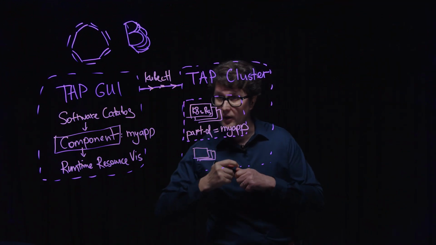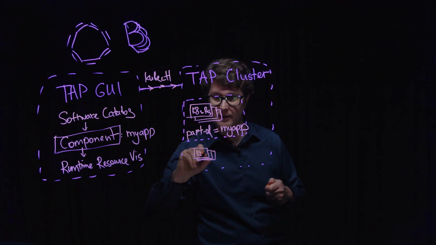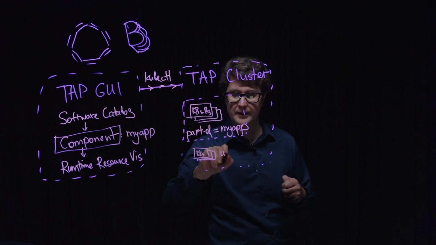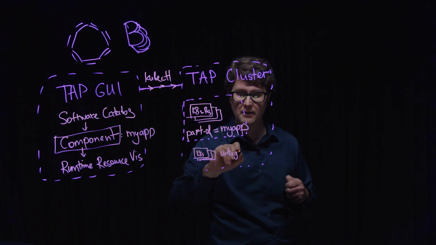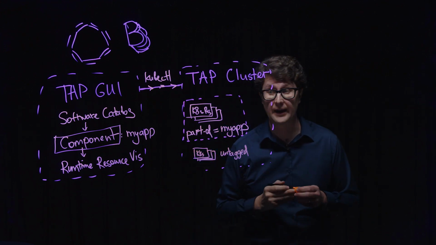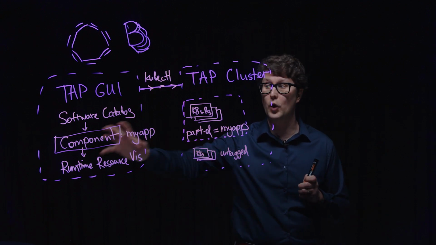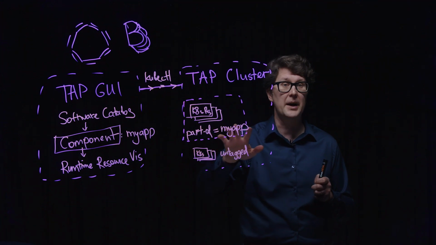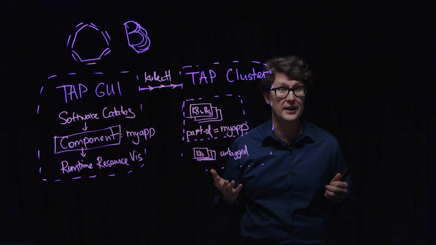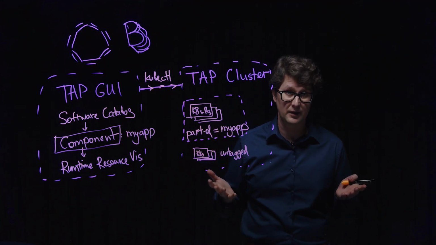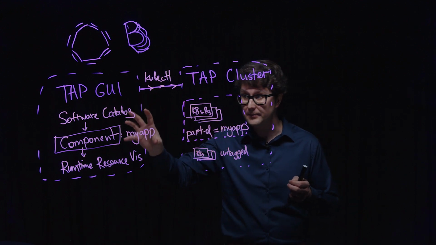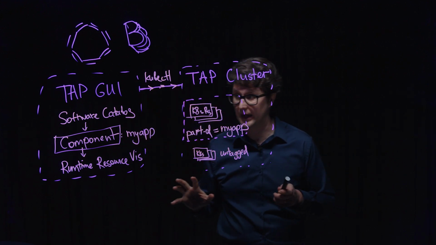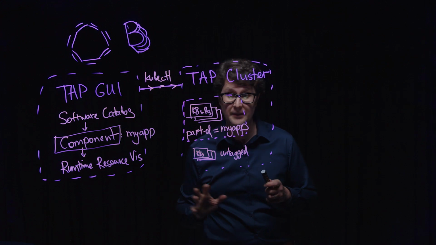I can refer to them as untagged, something that doesn't have the right tagging. So these resources won't be visible through this component, or if they don't have any matching component annotation on any component for that matter. That is part of the architecture that we're bringing here.